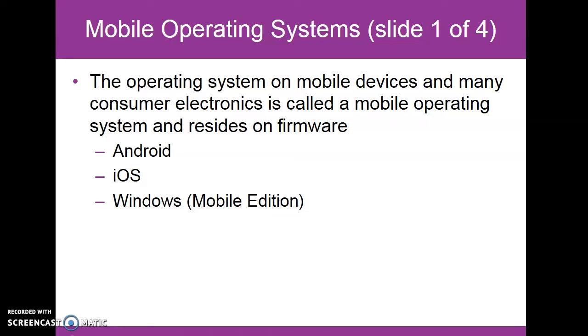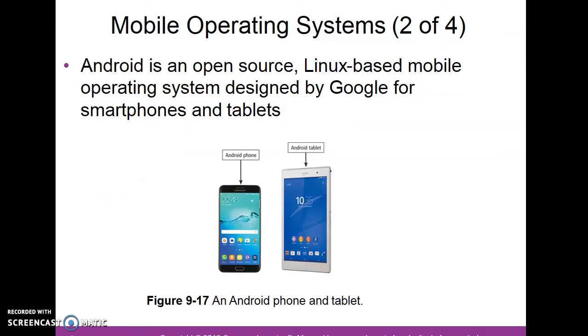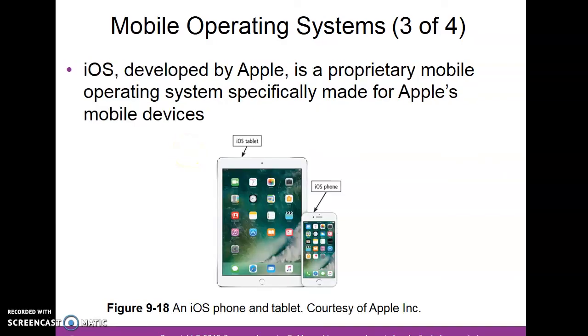Android is an open source Linux-based mobile operating system designed by Google for smartphones and tablets. A variety of manufacturers produce devices that run the Android operating system, adding their own interface elements and bundled software. Whereas iOS, developed by Apple, is a proprietary mobile operating system specifically made for Apple's mobile devices.